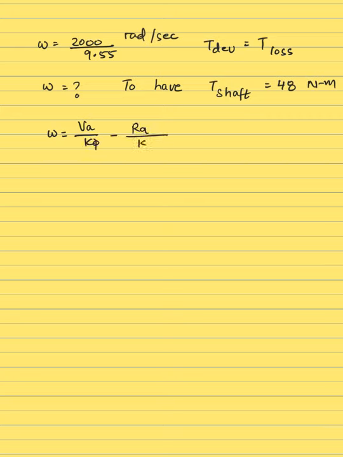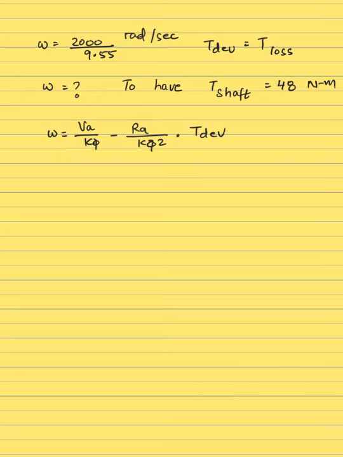The second situation is we're looking for the speed to have a load torque, which is the shaft torque, of 48 Newton meters. Okay, so I'm going to again write the same equation. Omega equals VA over K phi minus RA over K phi squared times torque developed. So keep in mind this is the developed torque.